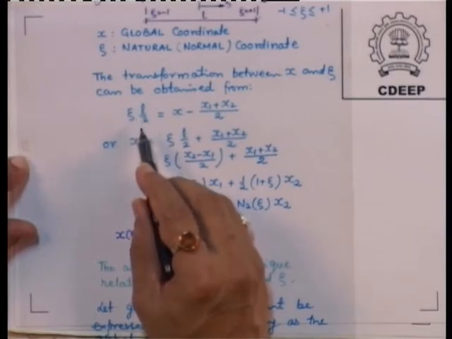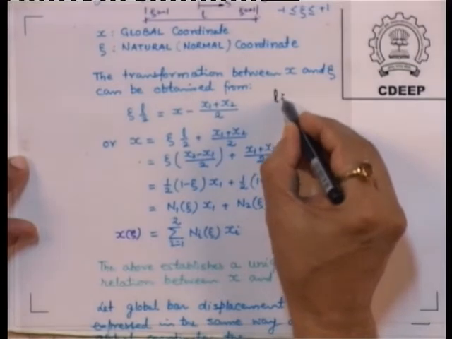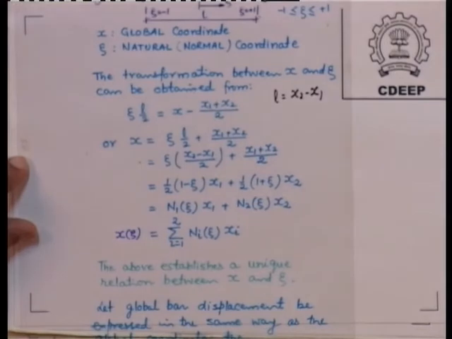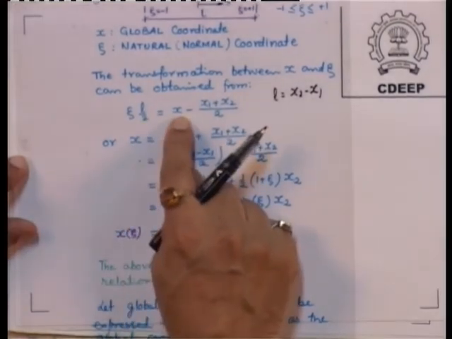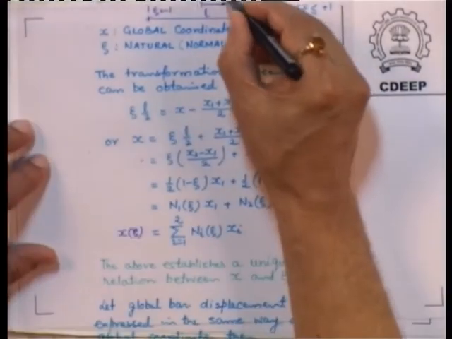There must exist a relationship. The relationship is, if I take psi and make it dimensional by multiplying by L by 2, where L is the length of the element, x2 minus x1 by 2. What is L? L equals x2 minus x1, just the difference in the two coordinates.